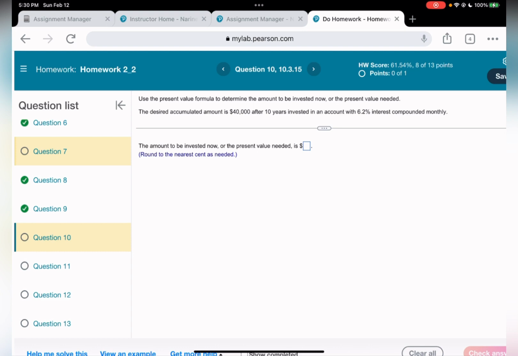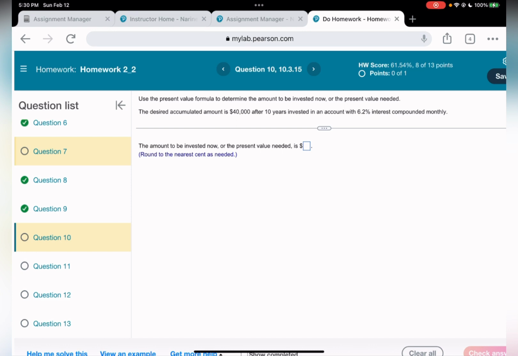If you want $40,000 in 10 years, how much do you have to invest now?